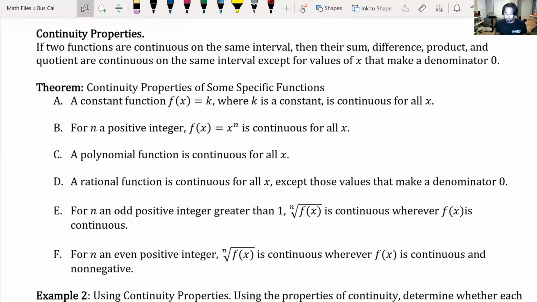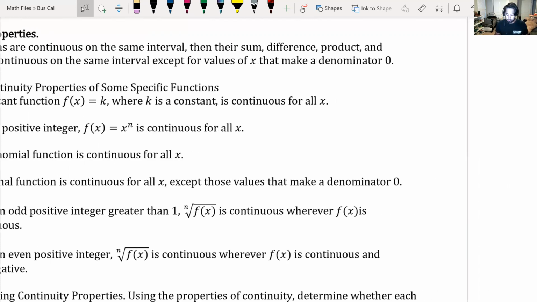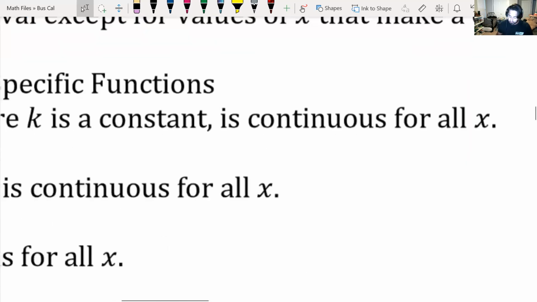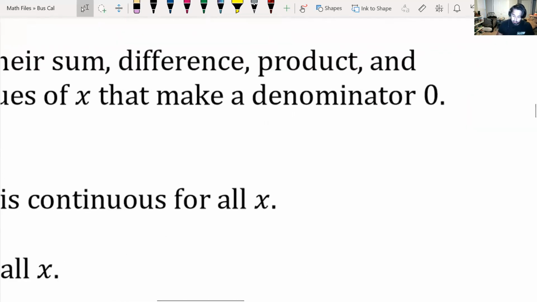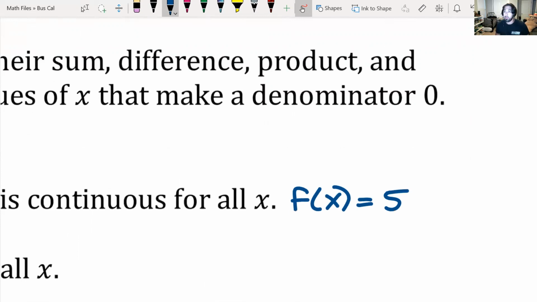So what does it mean to be a constant function? If I said f of x equaled 5, this is the same as me saying y equals 5. Now, think of the graph.